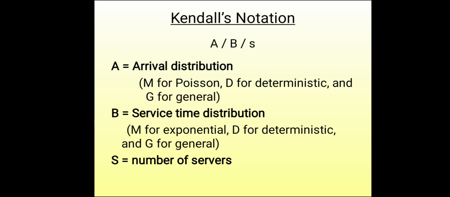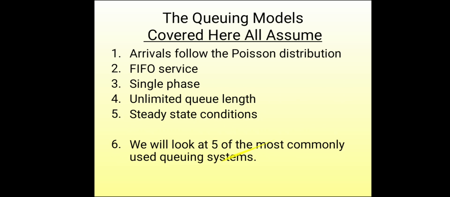B is the service time distribution: M for exponential, D for deterministic, and G for general. C is the number of parallel service channels in the system. So these are Kendall's notation. D.G. Kendall in 1953 and later A. Lee in 1966 introduced useful notation for queuing models. This is one of the notations.